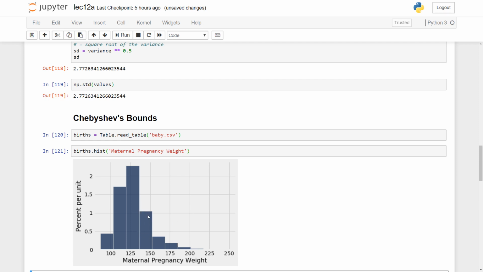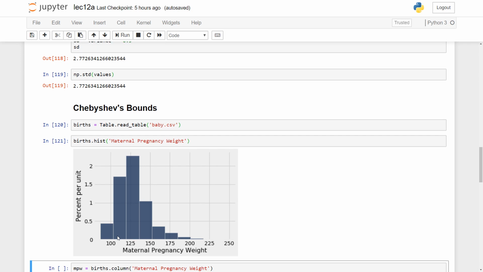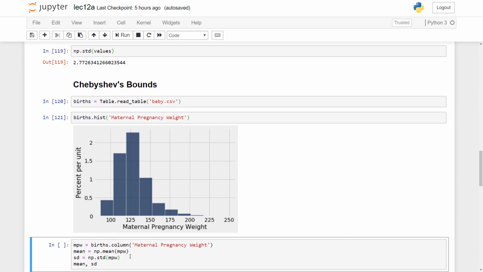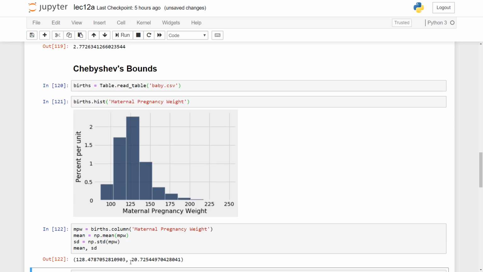There is a tail here to the right, a bit longer than the left side. Now let's compute the mean and standard deviation. The mean is 128 pounds and the standard deviation is 20.72 pounds.